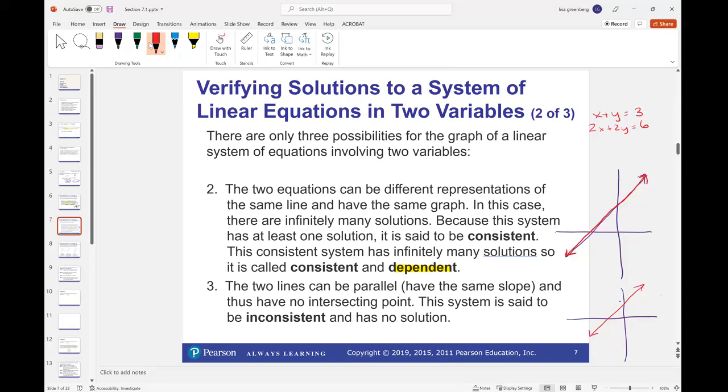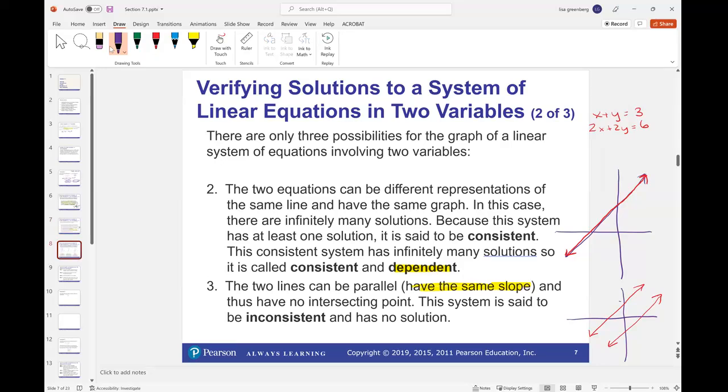They basically run next to each other and they never intersect. So we can see here that if you have 2 lines that are parallel, which if they're parallel, they have the same slope, then we can see that this is inconsistent because there is no place that these 2 lines will cross. So there's no solution.